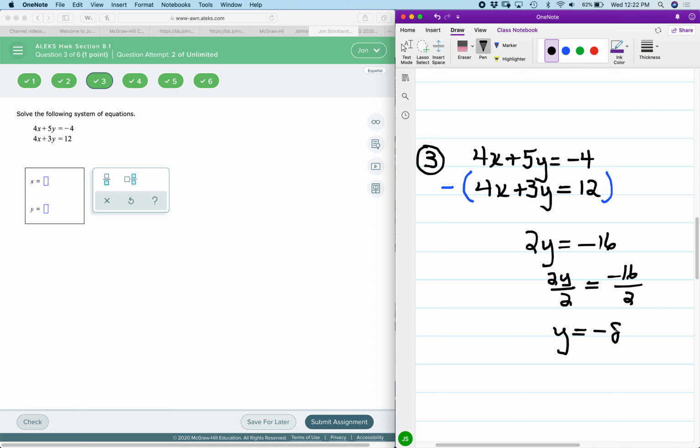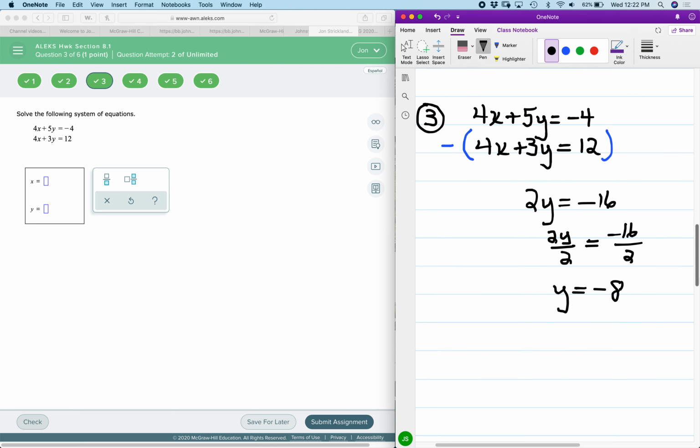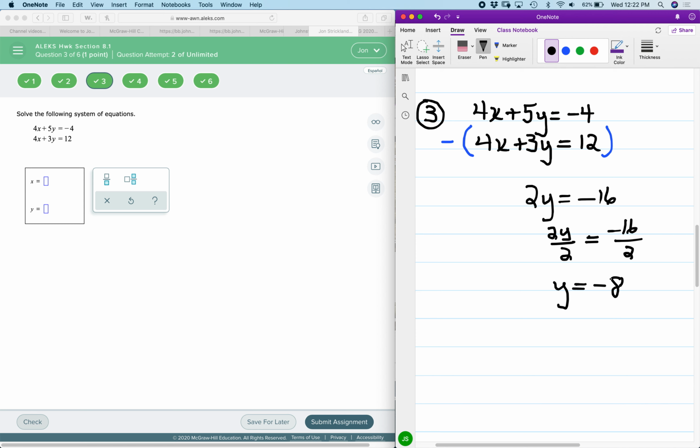With negative 8, I can plug back into either equation and solve for x. I'll just take this value into the first. So we have 4x plus 5 times negative 8 is equal to negative 4. So we have 4x minus 40 is equal to negative 4.